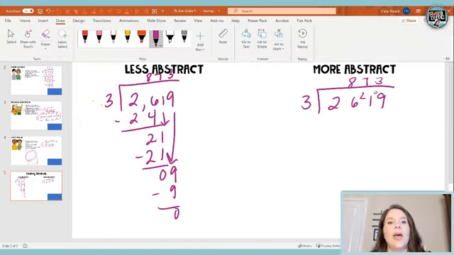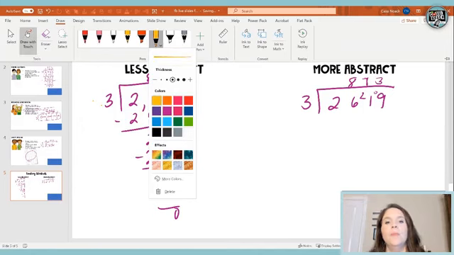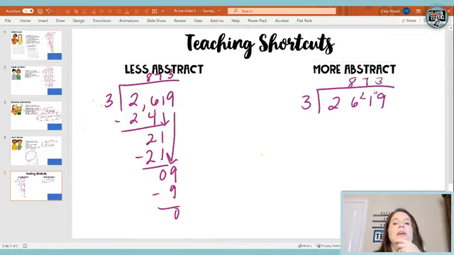And then what I would do after I showed the students that, I would go back and really focus on the fact that when we're doing short division, we're actually doing long division. It's just that we're doing some of the steps in our head. So we start here, 26 divided by 3 is 8. We did the same thing here, 26 divided by 3 is 8.